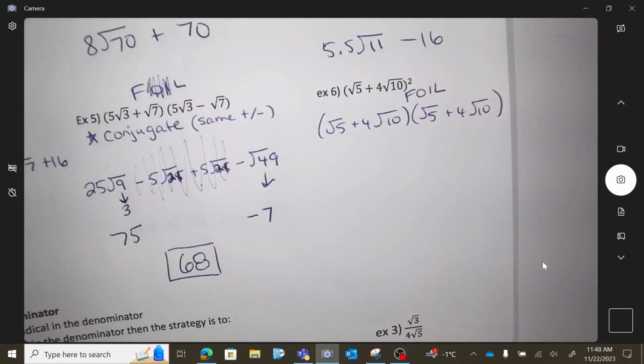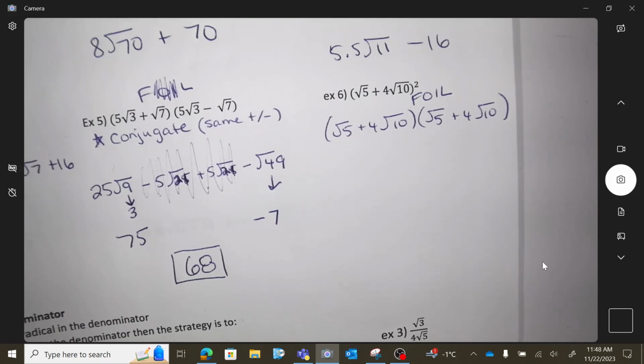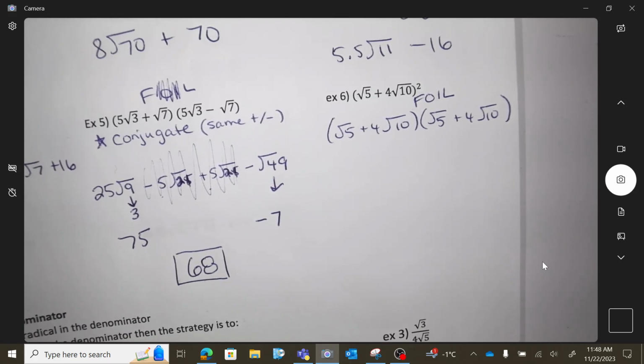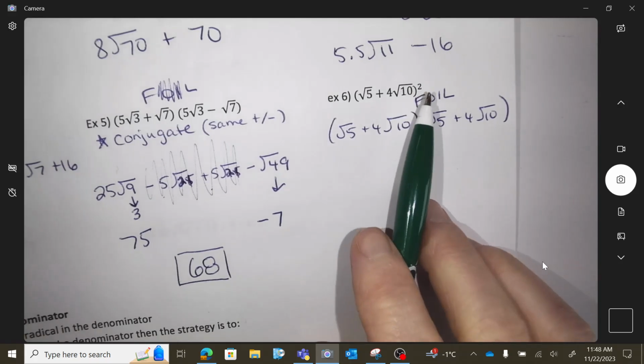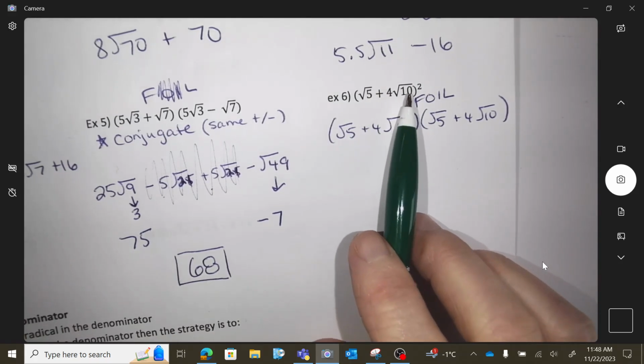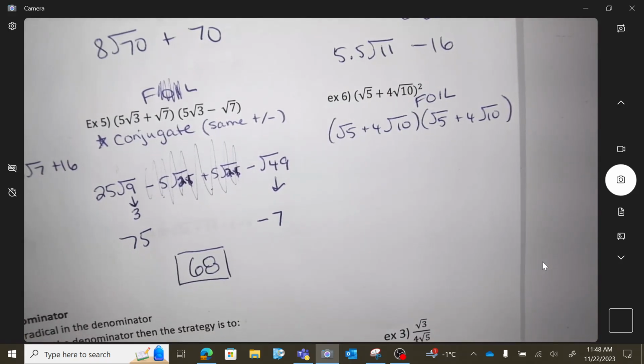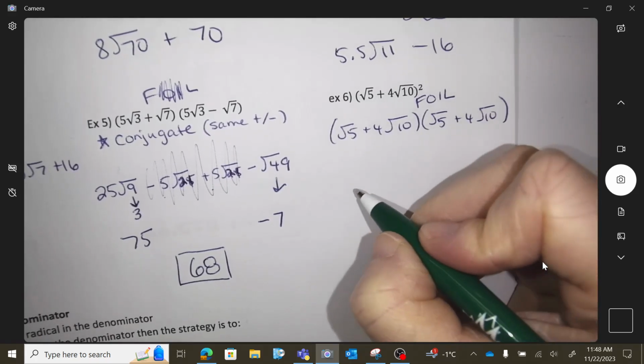You're going to have to FOIL it. An example of a mistake on this question is people square the first item and they square the last item and that's it. That's a mistake because you're squaring it as a unit. You're not squaring individual things. You're squaring the units. Okay, go ahead, finish this out on your own.